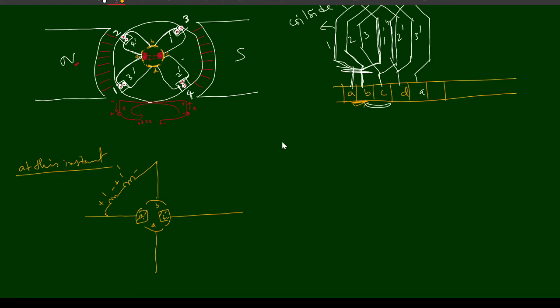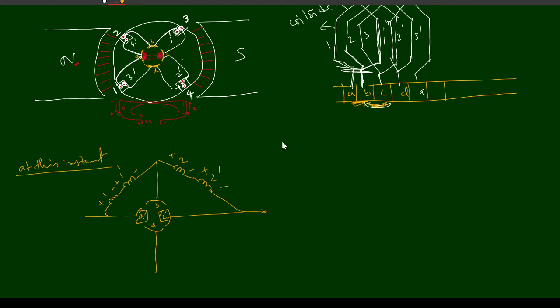Are you following? And similarly between B and C, coil 2 prime is connected. This is coil side 2 prime, and the voltages will be plus minus.